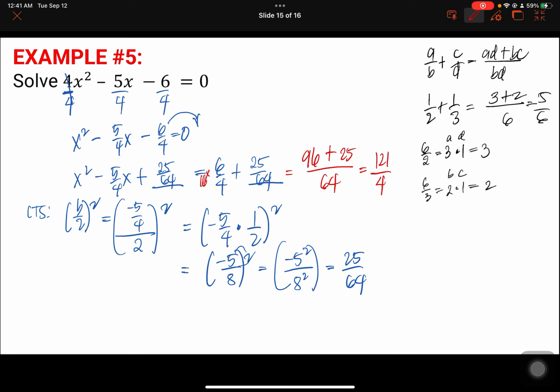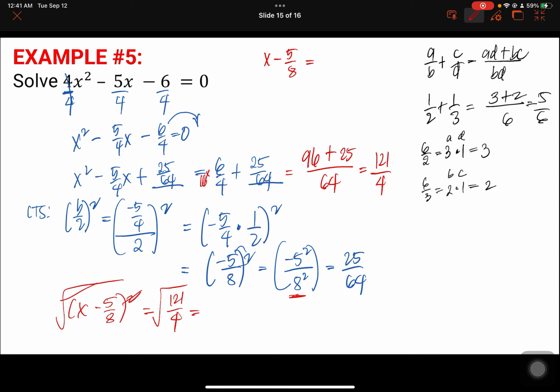Okay? So, rewriting our given. So, magiging x, nasa loob ng parenthesis na value is negative 5 over 8 squared, equivalent kay 121 over 64. Then, squaring them both side. So, makakancel na tong x squared. O, dito natin ituloy. Magiging x minus 5 over 8 equal kay square root of 121 over 64.